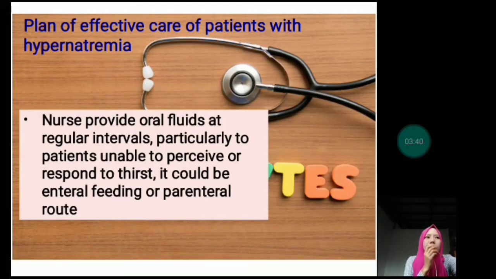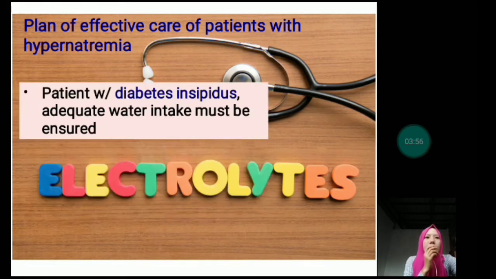The nurse provides oral fluid at regular intervals, particularly to patients unable to perceive or respond to thirst. It could be enteral feeding or parenteral route. Next, for patients with diabetes insipidus, adequate water intake must be ensured.